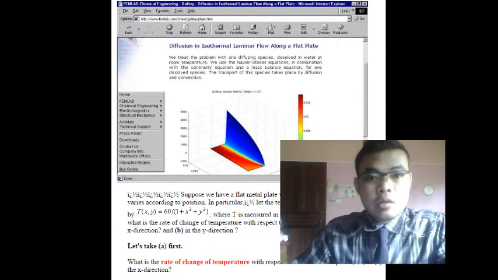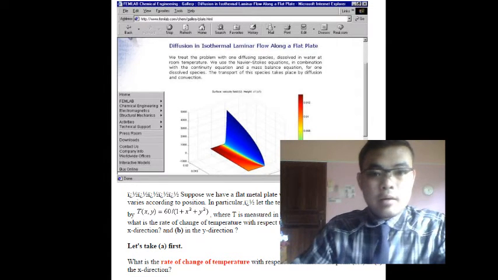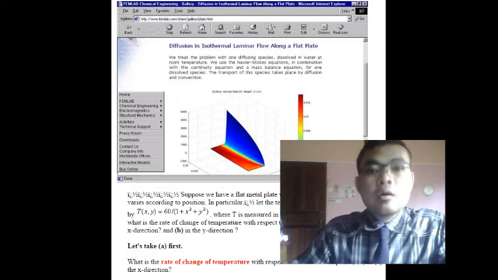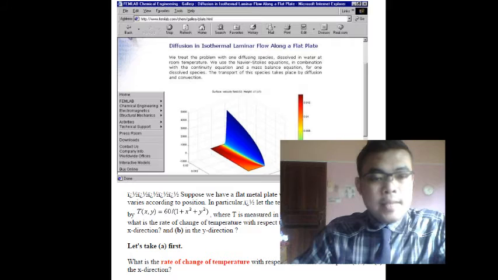In particular, let the temperature at point (x, y) be given by T(x, y) = 60 over (1 + x squared + y squared), where T is measured in degrees C and x and y in meters. Question A: what is the rate of change of temperature with respect to distance at the point (2, 1) in the x direction? Question B: in the y direction?